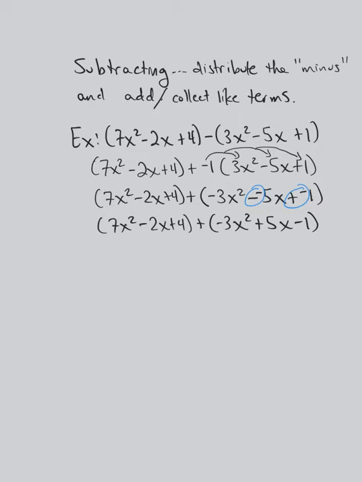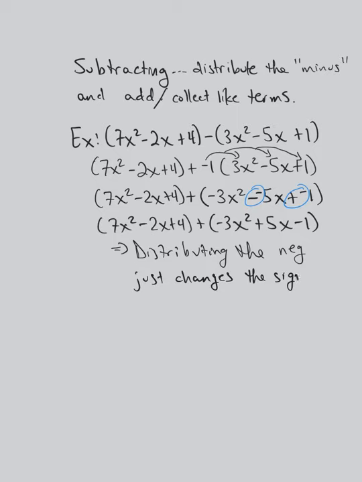So what I'm trying to get at here is whenever I talk about distributing that negative, if all you're doing is distributing a negative, there's no other number attached with it, all that does is just change the signs. So distributing the negative just changes the signs. So you can shortcut that process by realizing that.